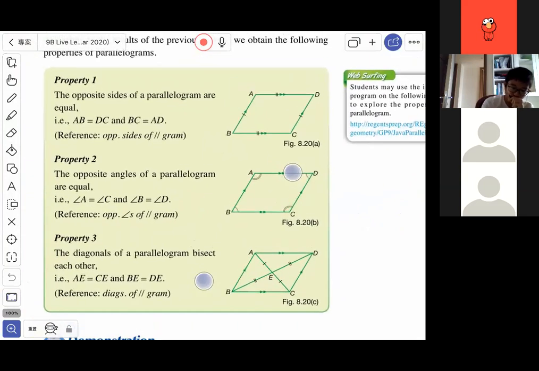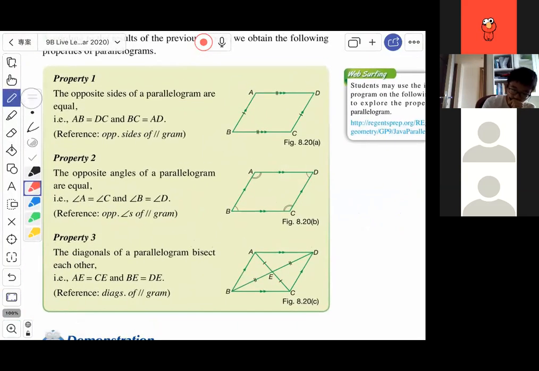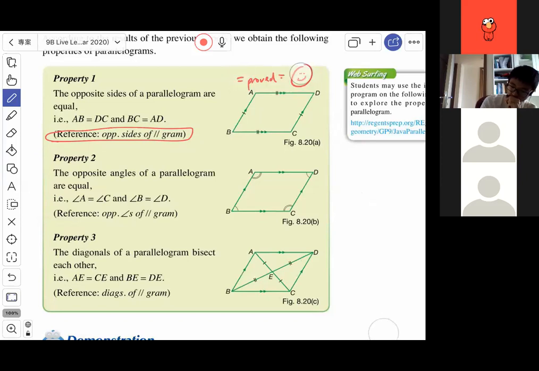But okay, after I prove the first property, I want some interested students to try. Okay, this one, prove that. Let's draw a smiley face because I proved it. But for property 2, property 3, I haven't proved it yet. If you want to show me, you can write it down and send it to me. I'll be very happy to see your work. So you can try to prove that.